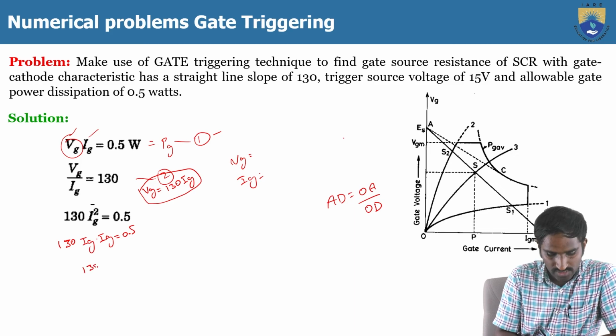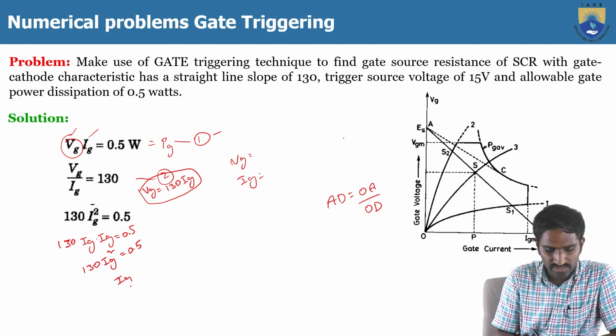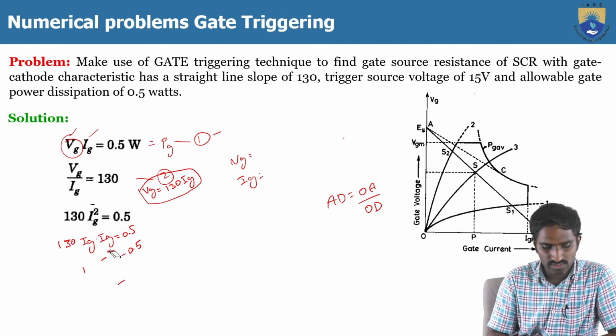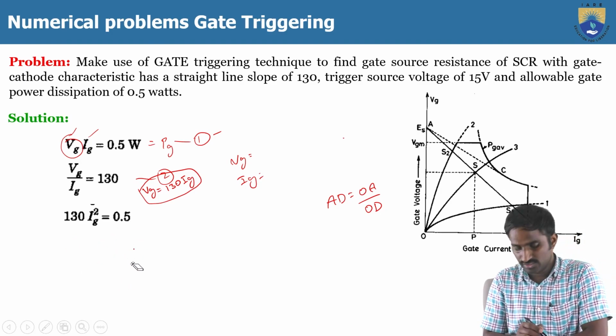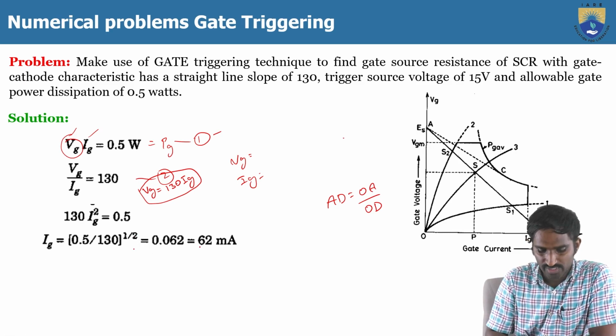So 130 Ig square equals 0.5. From this you can easily find Ig, which is the square root of 0.5 by 130, that is Ig equal to 62 milliamperes.